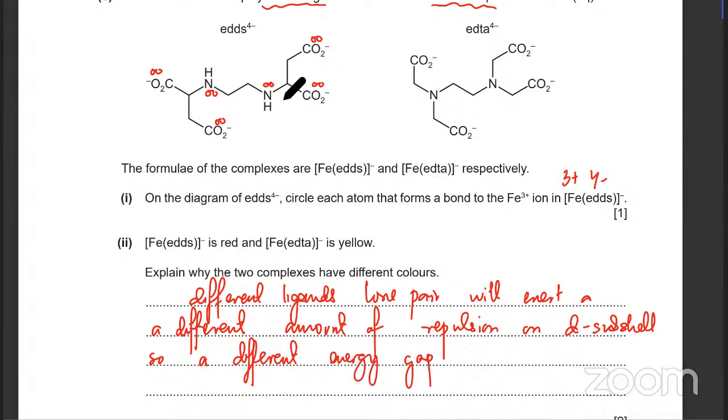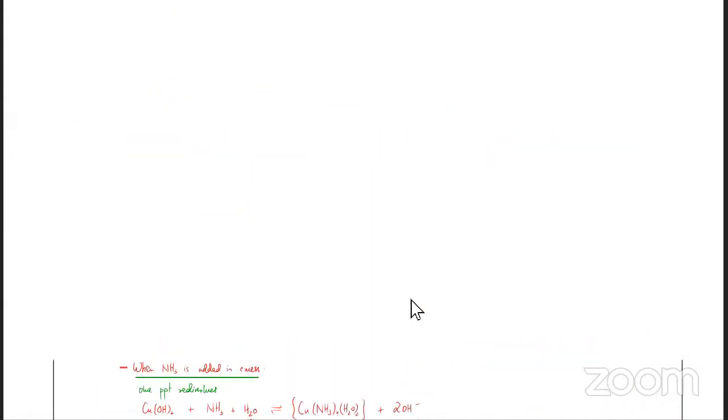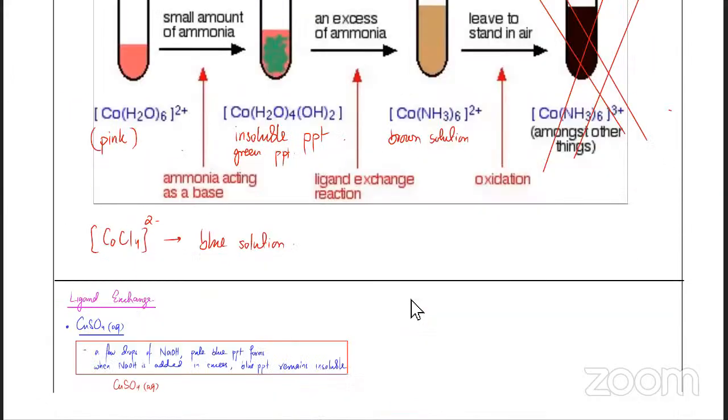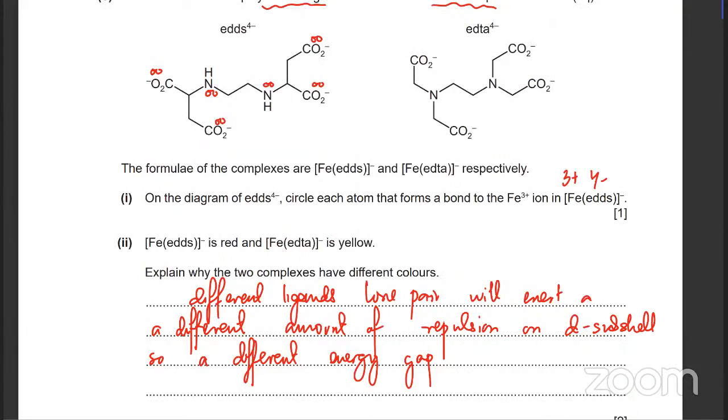This is what's going to happen: if you have different lone pairs or different ligands, the repulsion exerted on the D subshell inside the atom is going to be different. So the splitting would be different. The energy gap that would be created would be different. Maybe it becomes really hard to keep electrons in the green orbital over here, so the energy gap would be much bigger in that case. We don't know, but the energy gap would be different.